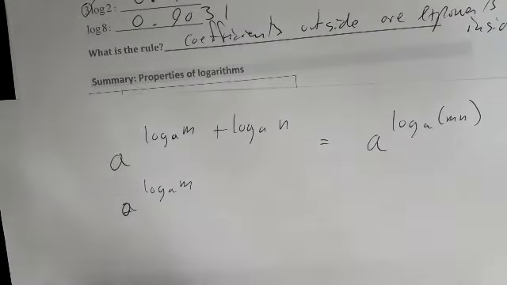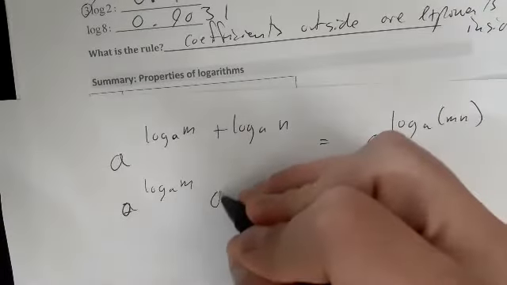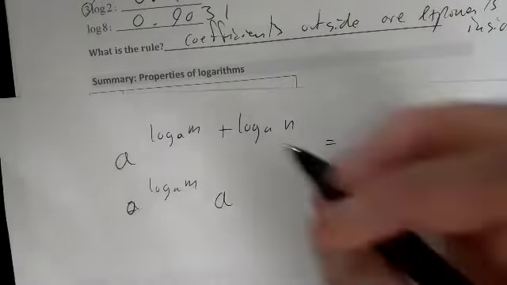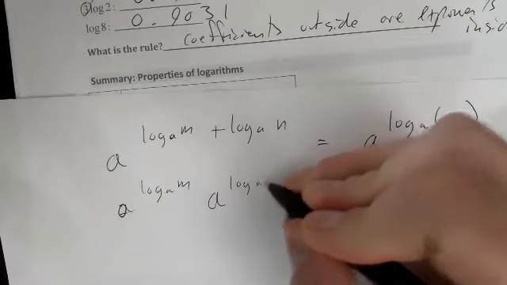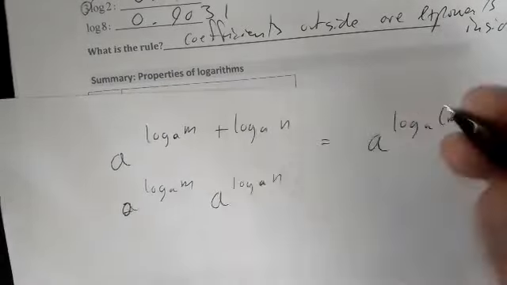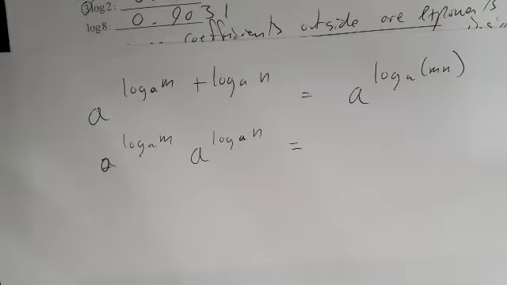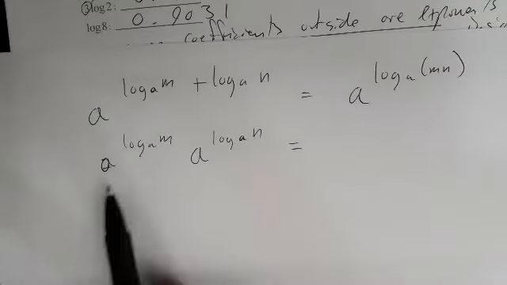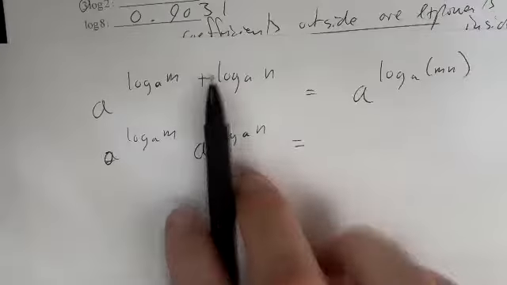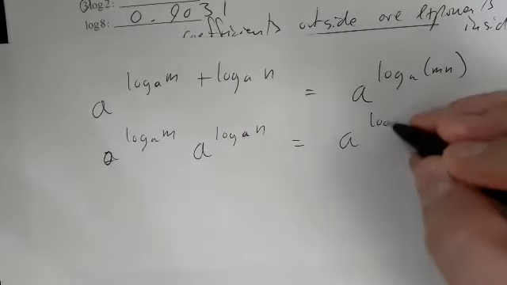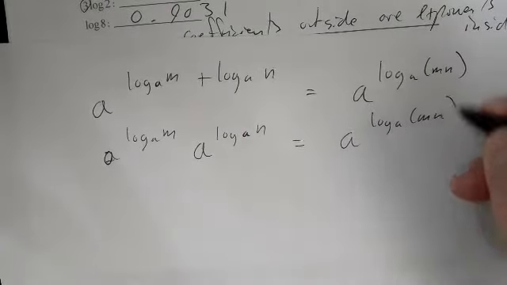If I'm adding exponents, I can think about this as doing it in the backwards direction. I had two like bases. And so this was the rule that said if we have two like bases, we can add the exponents. And so this is the rule that verifies this thing happening.